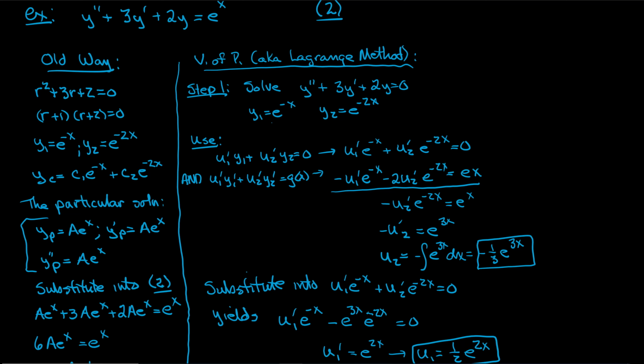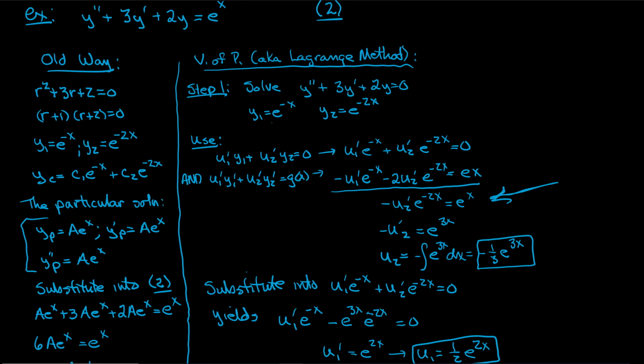For this particular solution, notice that the first terms are the negative of one another, which is great because that allows us to just add our two equations together. The first terms, the u1 prime e to the negative x, will subtract off. And what we're left with is u2 prime e to the negative 2x minus 2u2 prime e to the negative 2x, which gives us just a negative u2 prime e to the negative 2x.